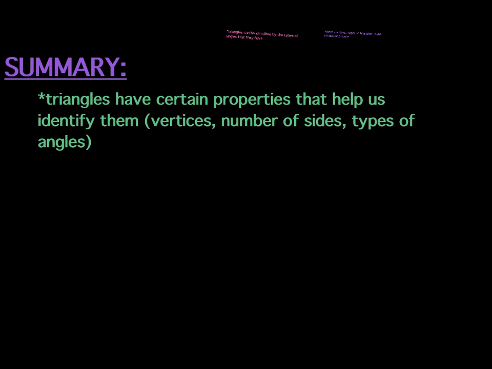So to summarize what we've talked about today, triangles have certain properties that help us identify them, like vertices, number of sides, types of angles.